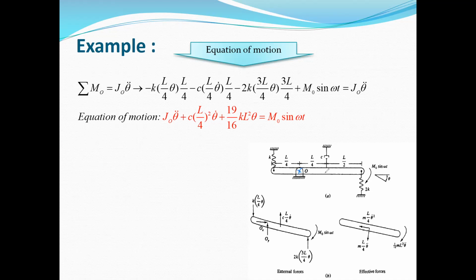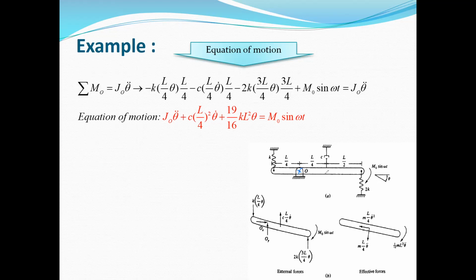Here we have a rigid body which is rotating about this fixed point O. So we can write the moment equation about point O, and similar to the example that I solved yesterday, because the weight of the bar creates some initial deflection in these two springs, we neglect the weight in the equation of motion and the free body diagram, and we also ignore the initial deflection in these two springs.